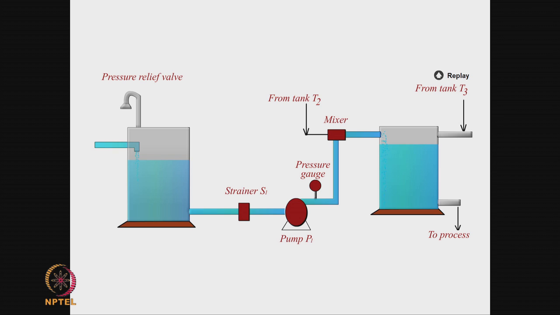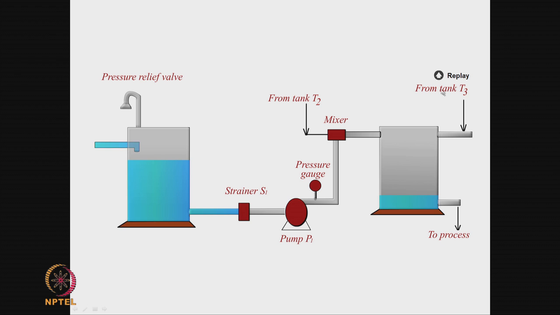The figure you see here is a combination of 3 tankers: tanker T1, tanker T2, which is a supply line, and tanker T3. There is a pressure relief valve located in tanker T1, and of course there is a process happening in tanker T3. Tanker T3 receives chemical from T1 and T2, which is passed through a mixer and the strainer respectively.